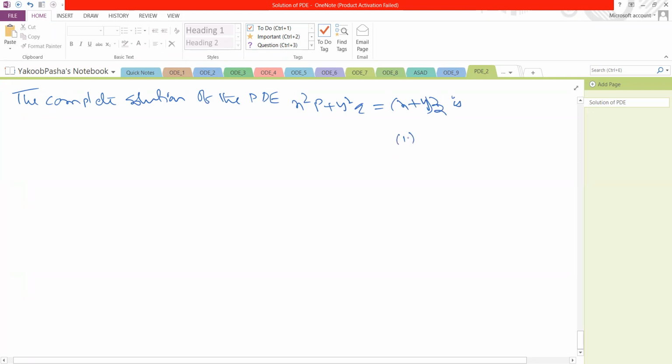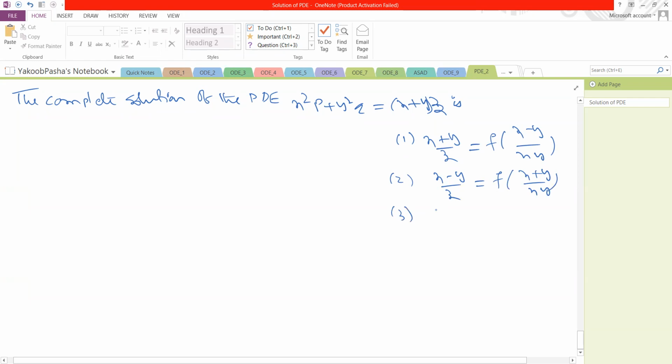Option 1: x plus y by z is equal to f of x minus y by xy. Second option: x minus y by z is equal to f of x plus y by xy.